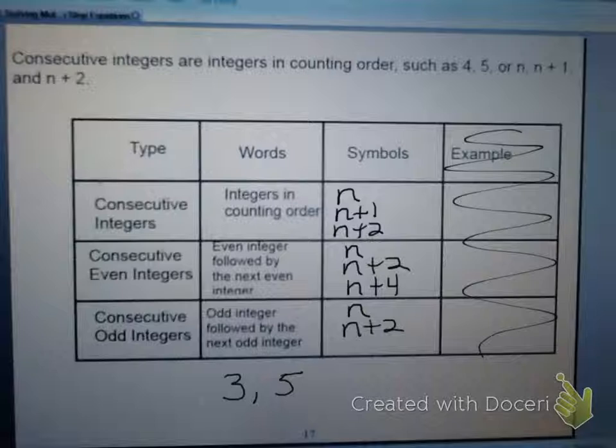And then you would add 2 more. It is not n plus 1 and n plus 3. It is not that for consecutive odd integers. Think about it. To go from one odd integer to the next, you count by twos.